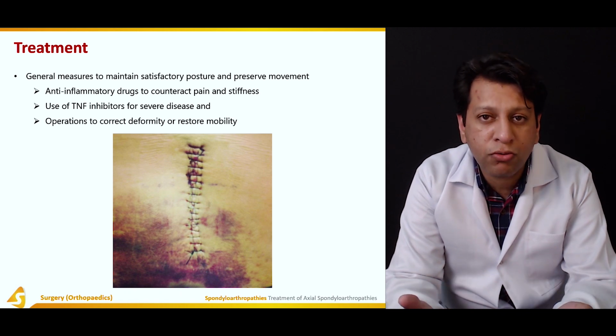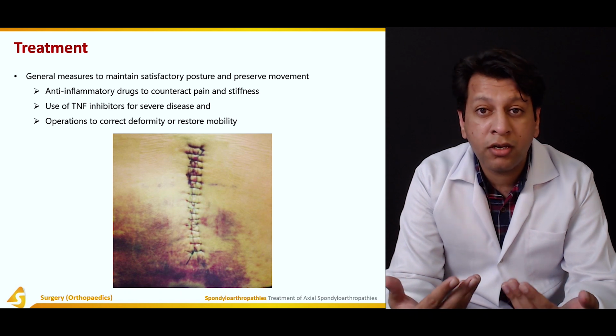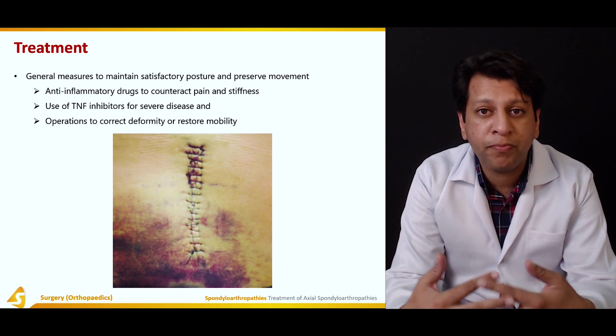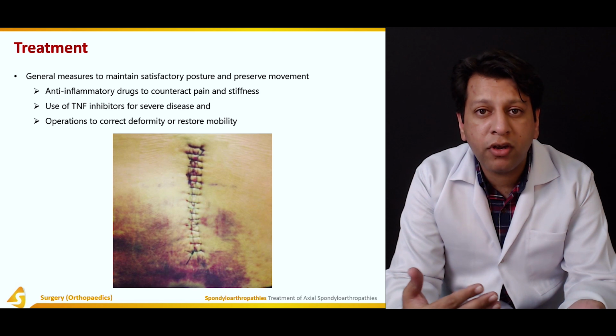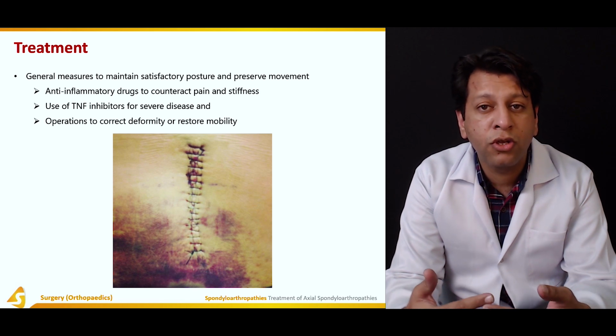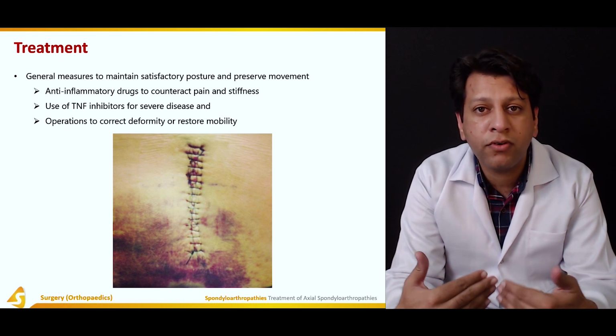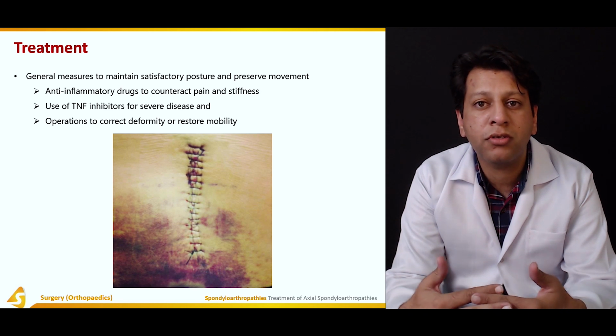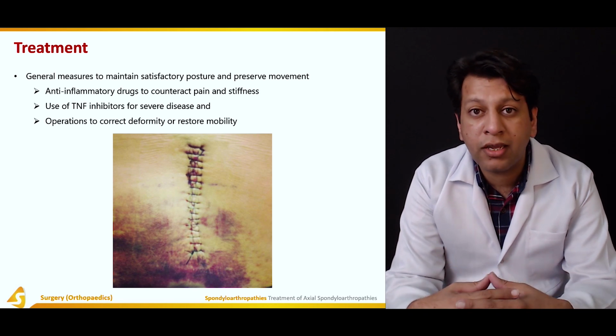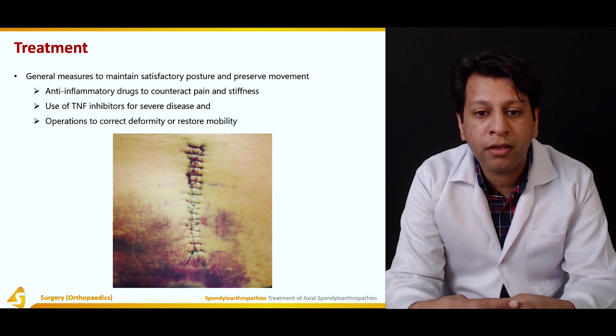A patient is able to do his or her physical therapy continuously and can participate in different range of motion exercises, which is then going to further slow down the process which is occurring in his or her back.